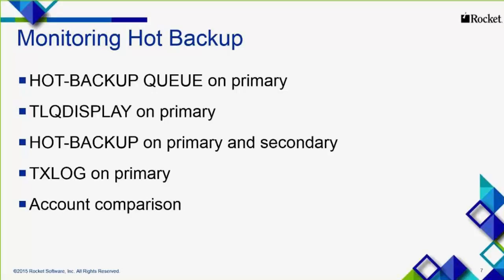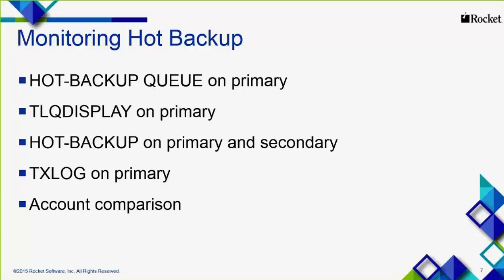If for any reason the pipe between the two systems is broken, that queue is going to build, and we're going to link on more and more frames, and those frames come out of overflow. So you want to keep that queue very small for two reasons. First, you don't want to run your system out of overflow, which could be disastrous.